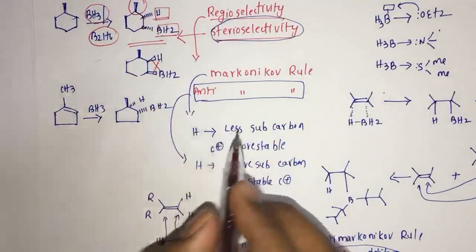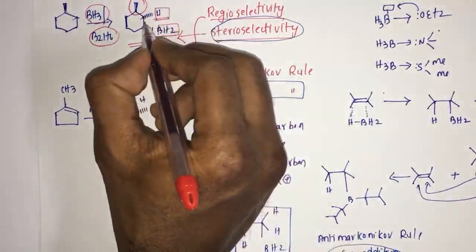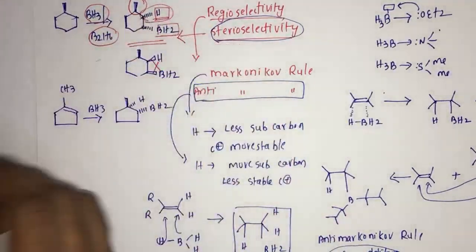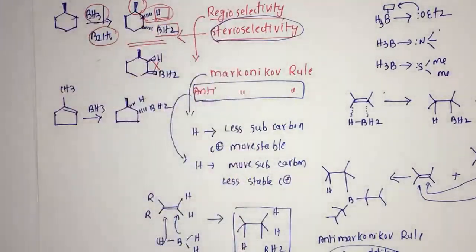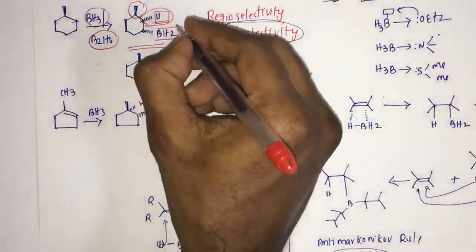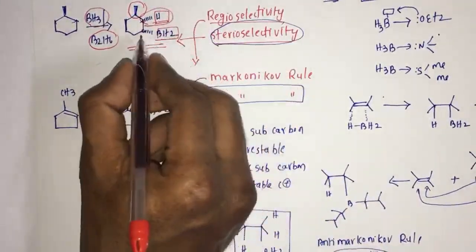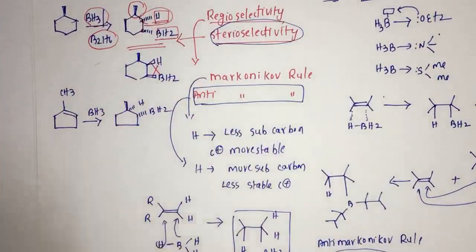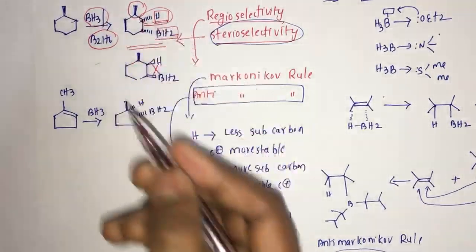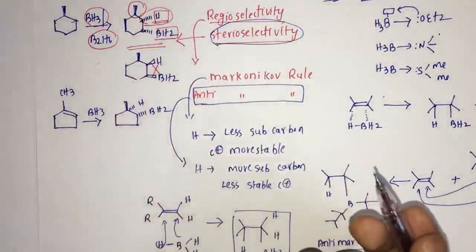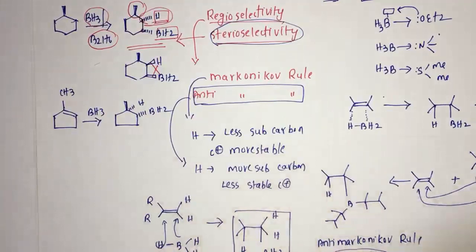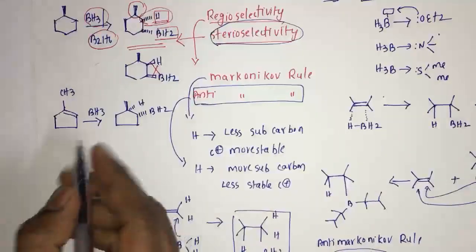We cannot talk about substitution, we talk about steric crowding. Since BH2 is bulky compared to hydrogen, BH2 attacks the carbon with less steric crowding, whereas hydrogen attacks the carbon with more steric crowding.